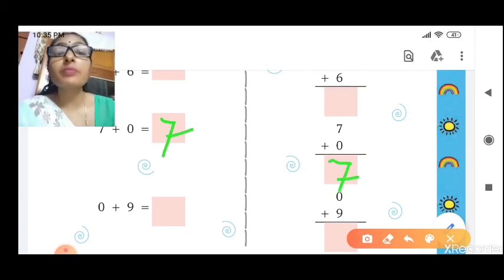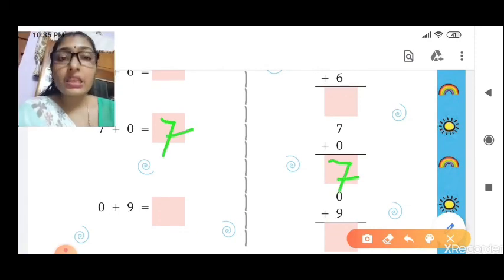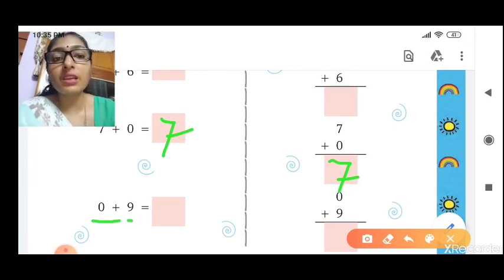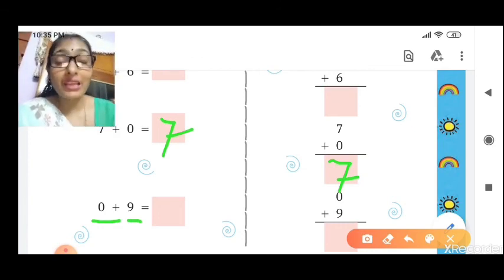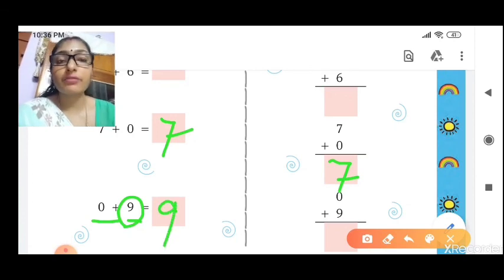That means when anything is added with 0, or 0 is added with anything, like 9 plus 0 or 0 plus 9, the answer will be the number itself.